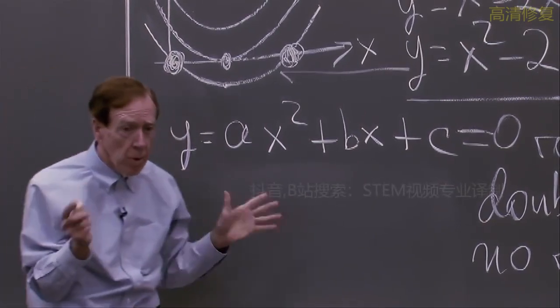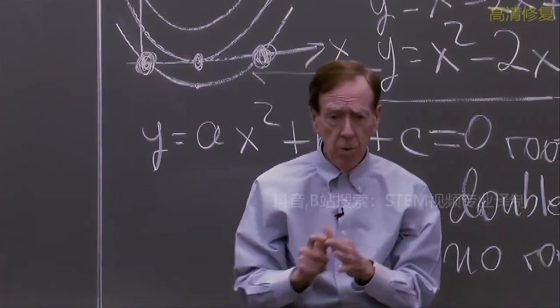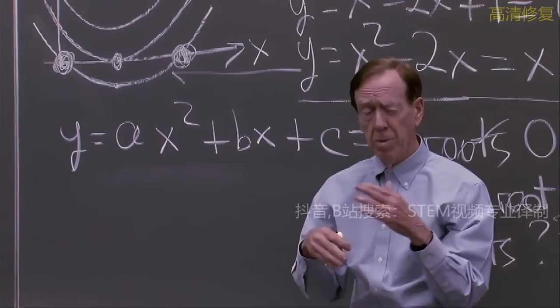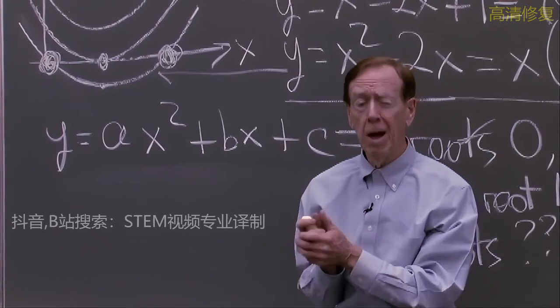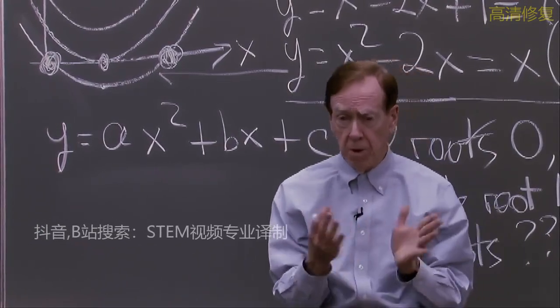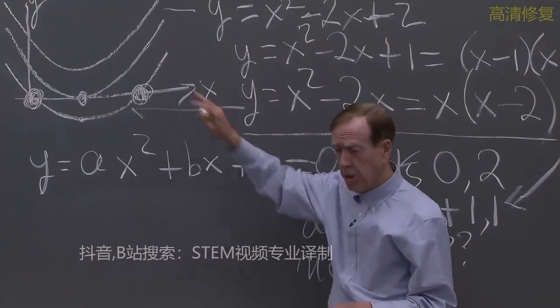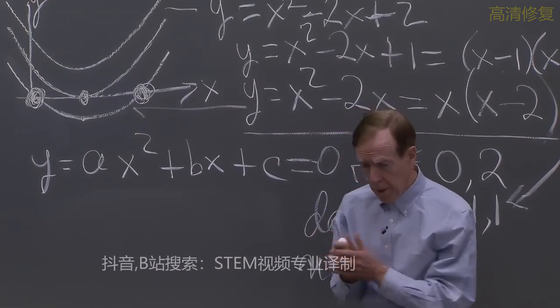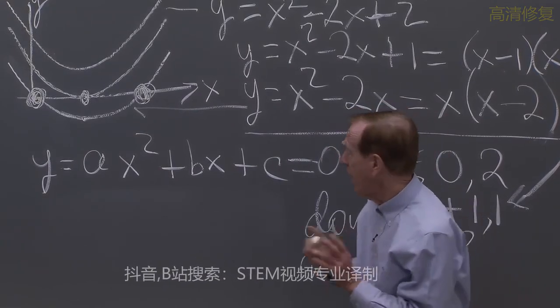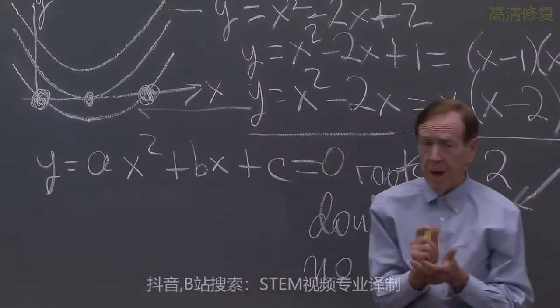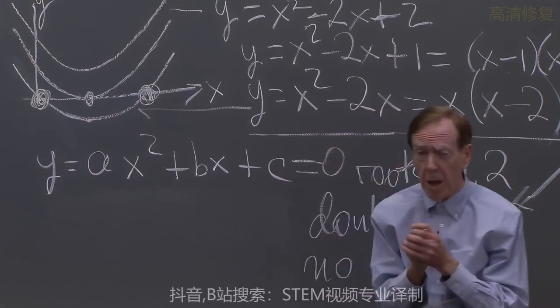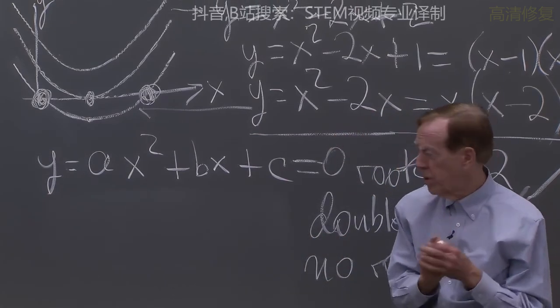I'm going to stay with algebra for a minute and write the answer in terms of a, b, and c. Because if I know those three numbers, then I've got the quadratic, I've got a picture, I've got the roots. Only either I've got them or they're somehow imaginary. But here's the formula for the two roots.